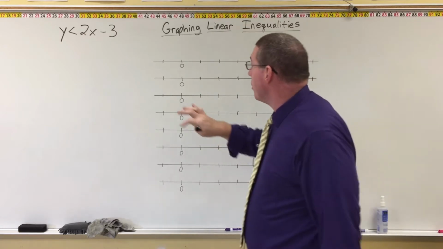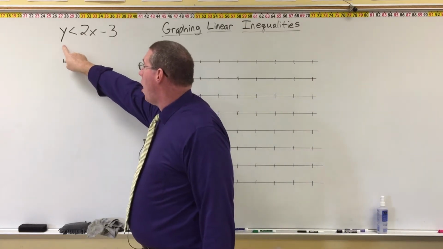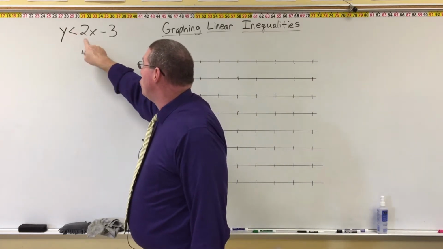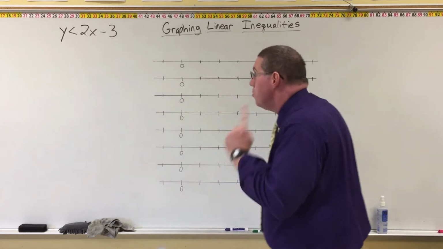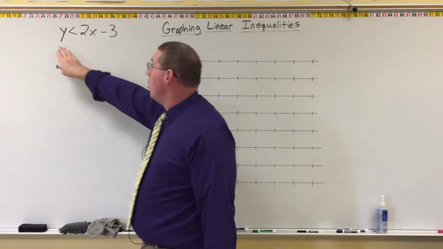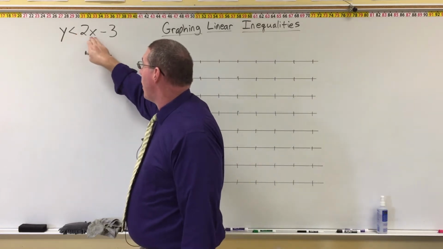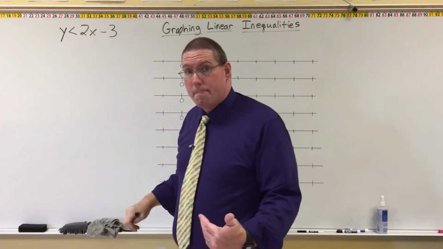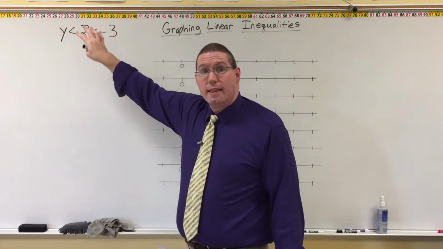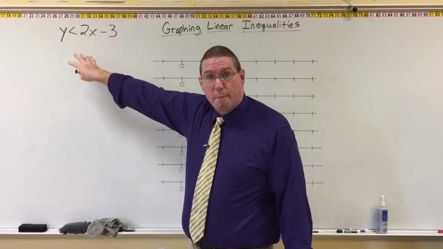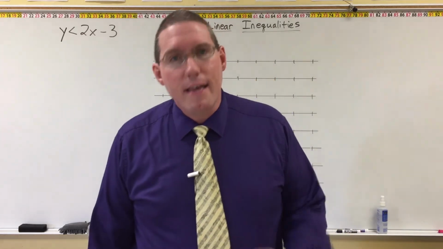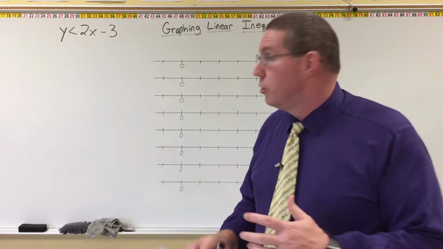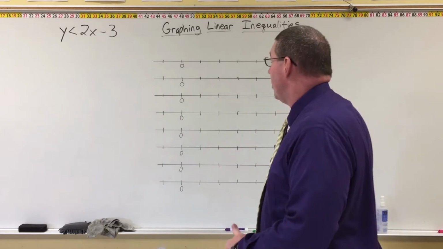So we're going to start with the linear inequality y is less than 2x minus 3. I hope you notice that this is in y equals mx plus b form, slope-intercept form, which is probably the easiest way to graph a linear inequality.